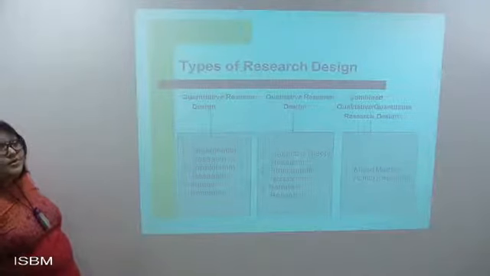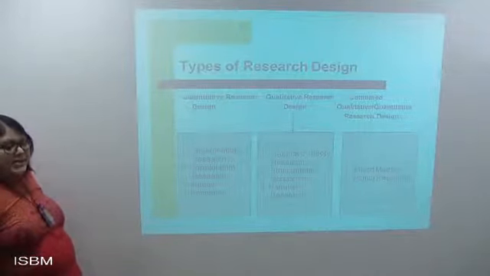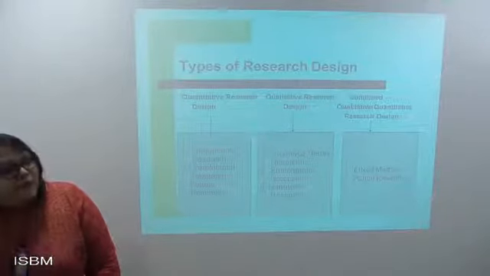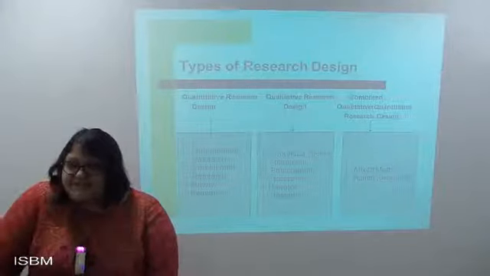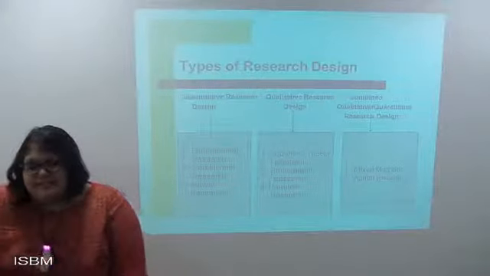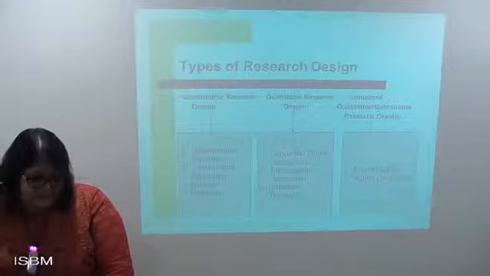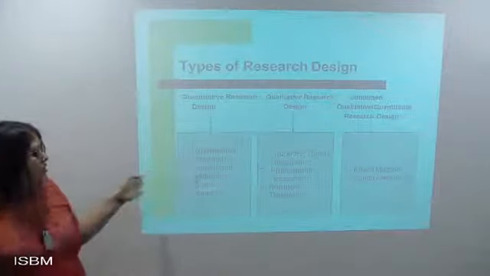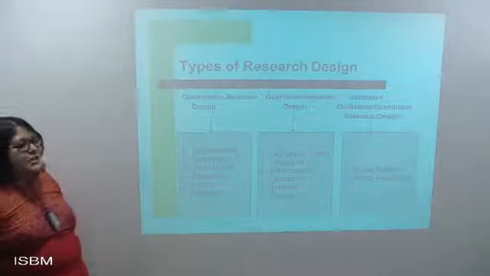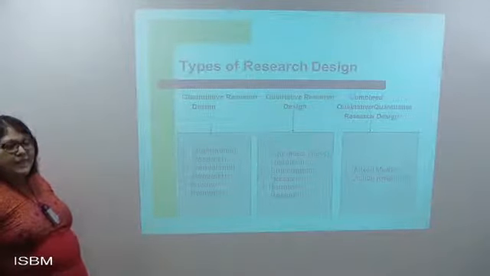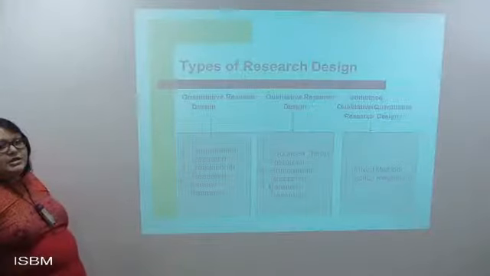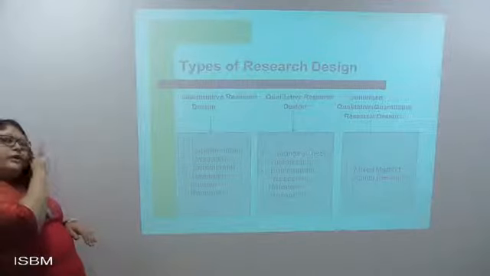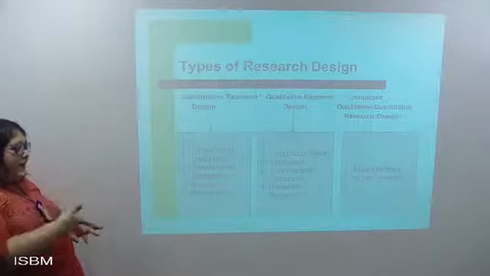Now, correlational research is again two types of research. That is the positive correlational research and the negative correlational research. The positive correlational research is that, for example, if you have learned the habit of meditating, you have started the process of meditation and you are seeing that it leads to an overall good quality of life in you.